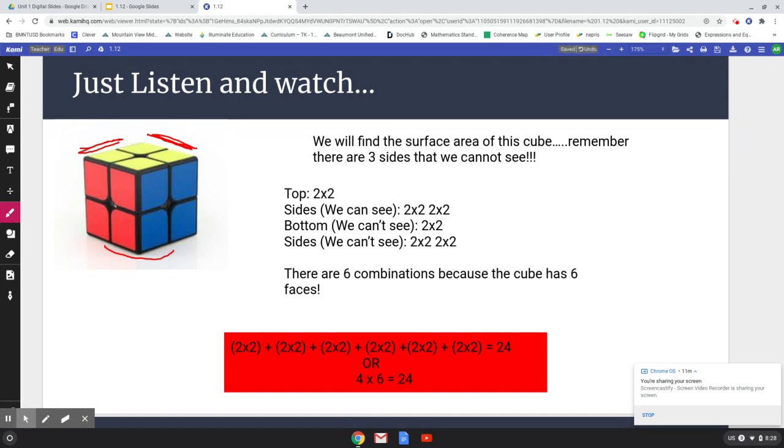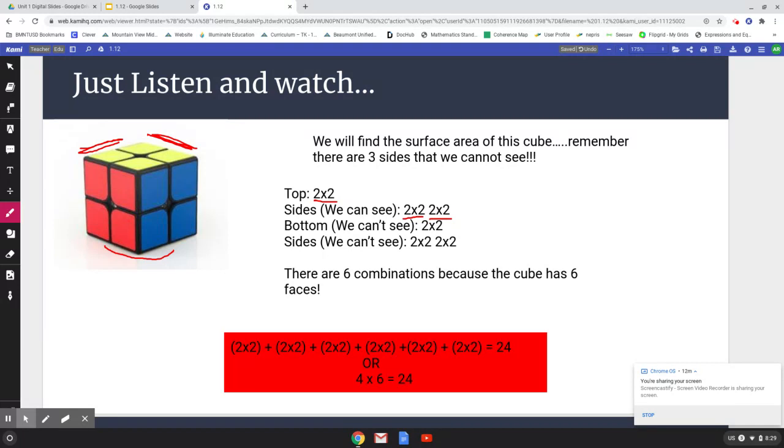So what we would do, as a strategy, is we would multiply the top. It's 2 by 2. And then the sides we can see are 2 by 2 and 2 by 2, right? That's the blue and the red and the yellow. Now you've got to factor in the sides that you cannot see. So the bottom is 2 by 2, and then the sides that we can't see are 2 by 2 and 2 by 2.